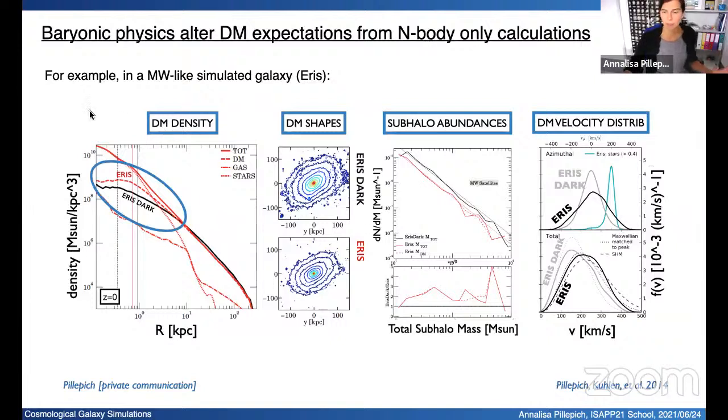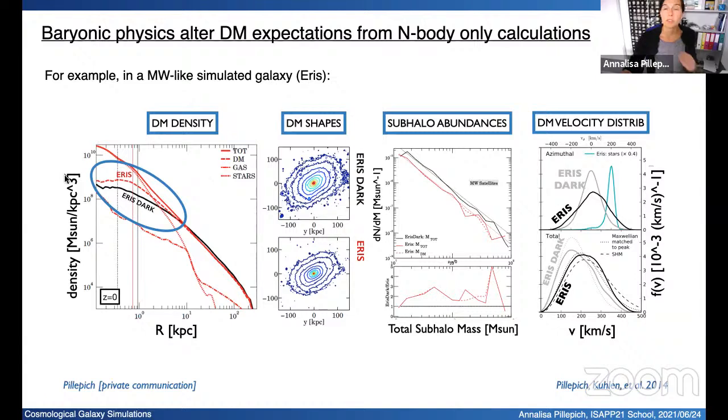And here I give you an example based on a simulation of a Milky Way-like galaxy, where we could compare the same galaxy simulated only with gravity and only dark matter versus gravity and hydro and stellar physics and star formation. The differences are important, and they are across the typical diagnostics that we study dark matter for.